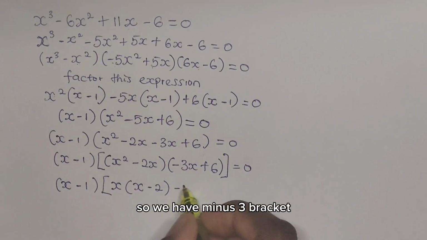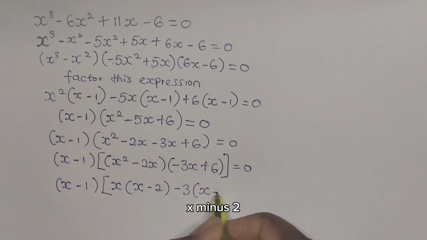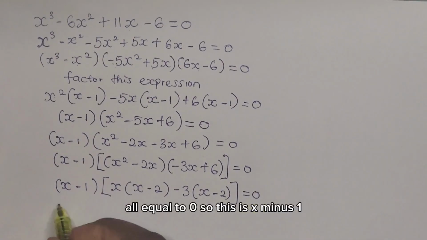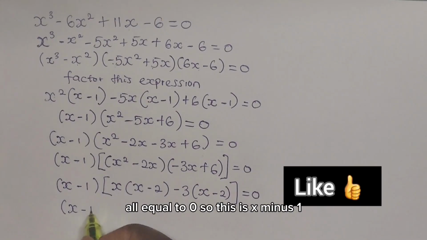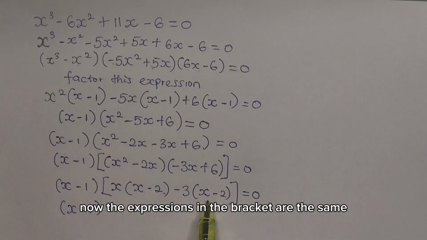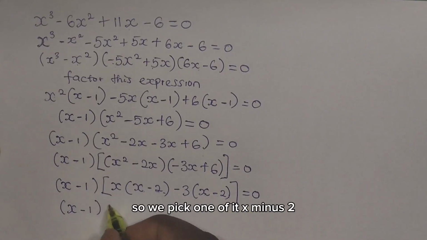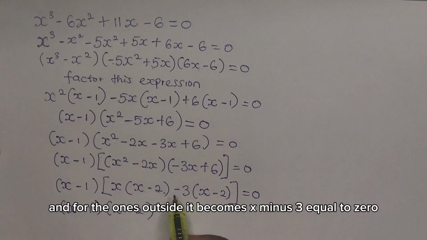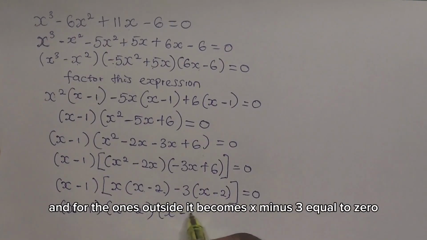So we have minus 3 bracket x minus 2 all equal to 0. So this is x minus 1. Now the expressions in the bracket are the same, x minus 2, x minus 2. So we pick one of them, x minus 2. And for the ones outside, it becomes x minus 3 equal to 0.